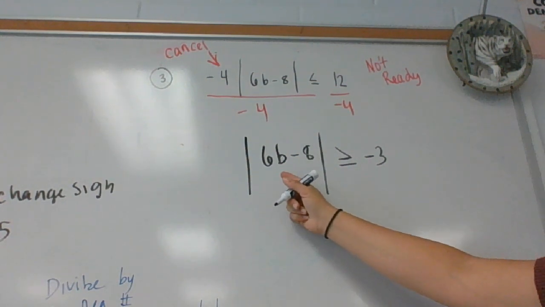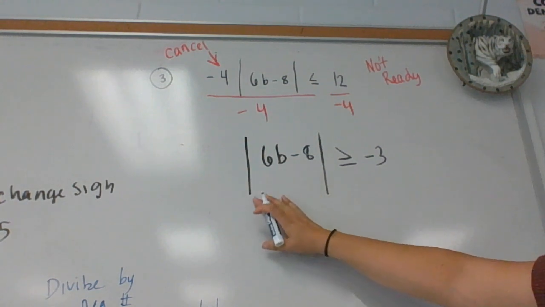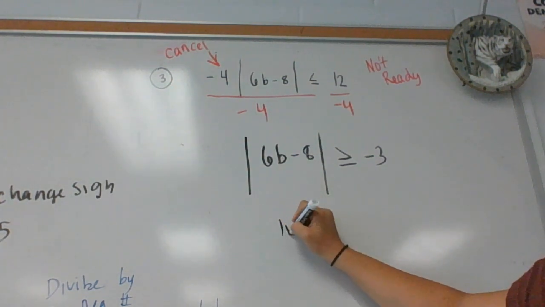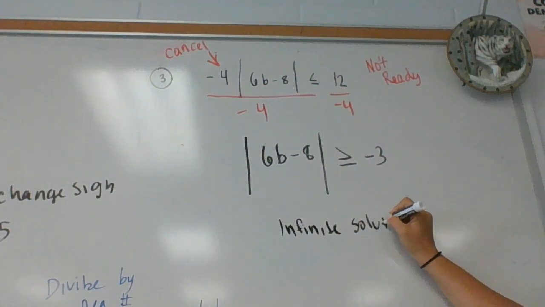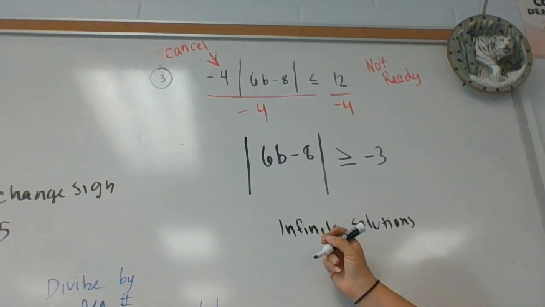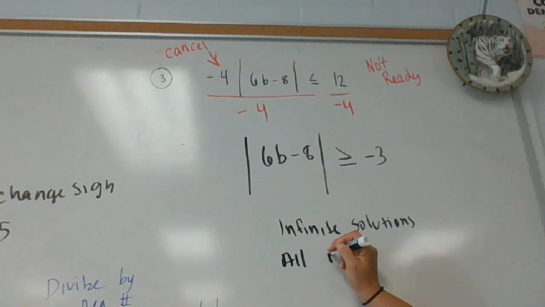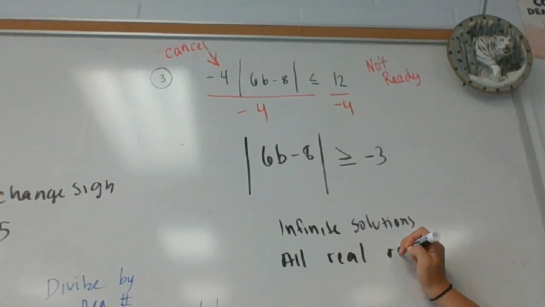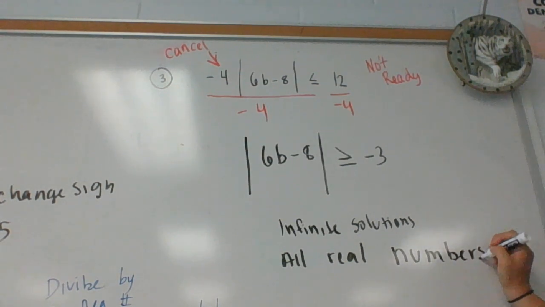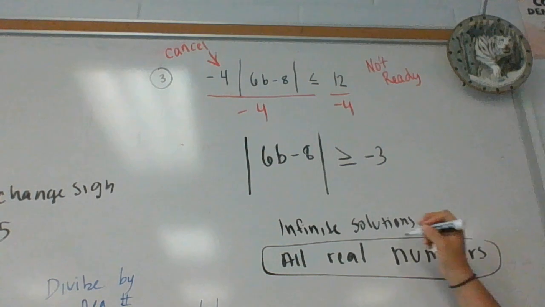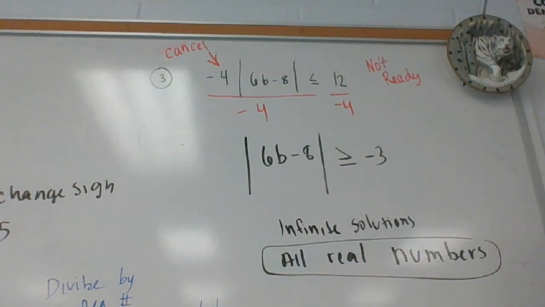So this is going to come out positive because of the bars. So we're going to say this has infinite solutions. Or more technically, you could say this works for all real numbers, just not the not real ones. I can put any real number in there, and it's always going to work. It's always going to be true.